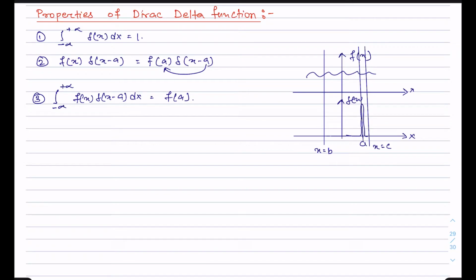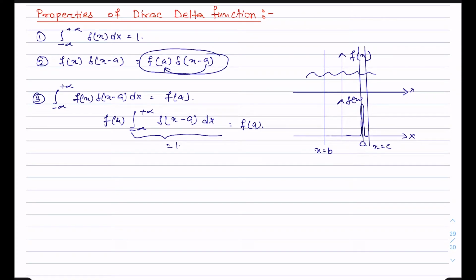It is really easy to prove because f(a) is a constant, and you will be left with the integration from minus infinity to plus infinity of delta(x minus a) dx, and we also know from its definition that this integration is equal to 1. So we are left with f(a).